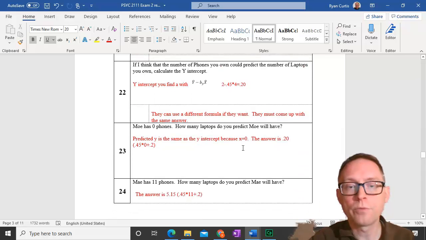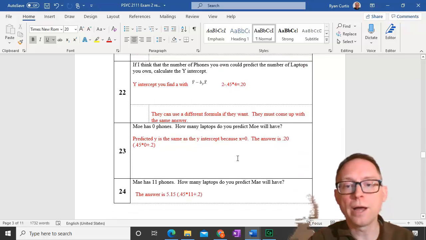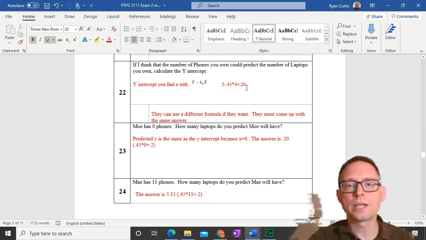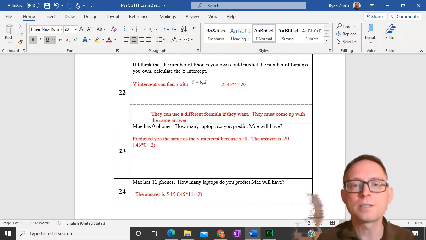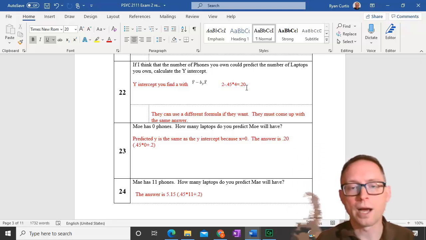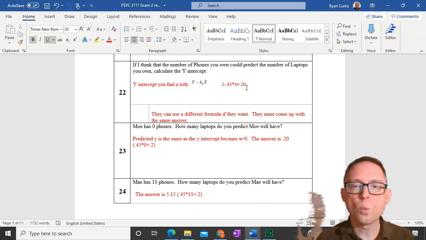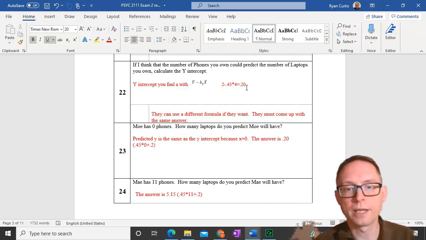Well, x is 0 in this case, so it'd be 0, plus the Y-intercept. Y-intercept is 0.2, but you don't even need to do that because the Y-intercept is the amount of Y when you have 0 of x. That is the entire point of the Y-intercept, 0.20. You would expect him to have 0.20 laptops.